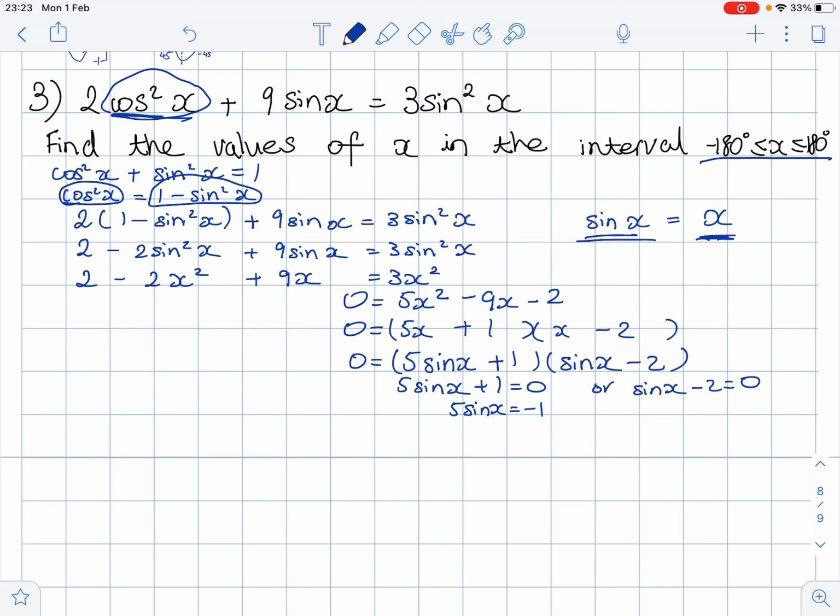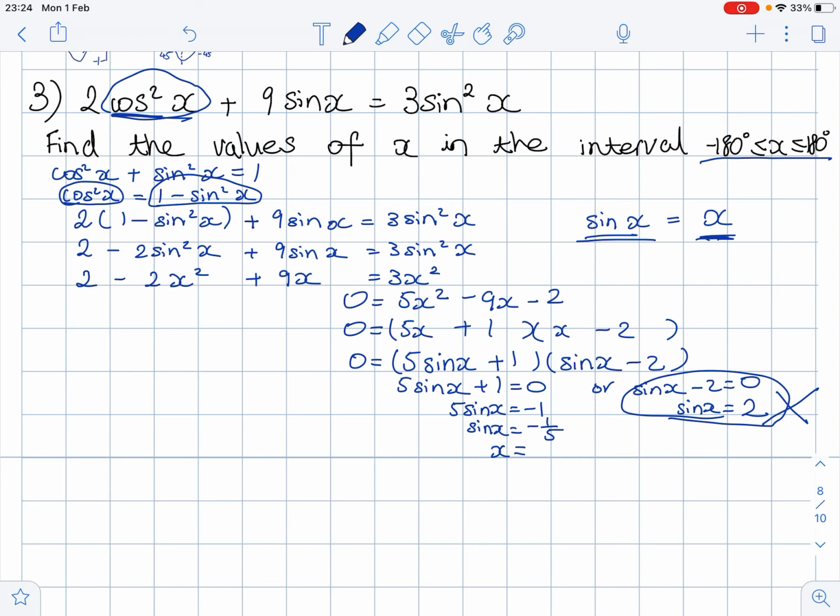So your sin x is equal to minus 1 over 5, or your sin x is equal to 2. Well, as we remember, what our sine looks like, it must be between 1 and minus 1. So this is impossible. So we could only work with sin x equals minus 1 over 5.